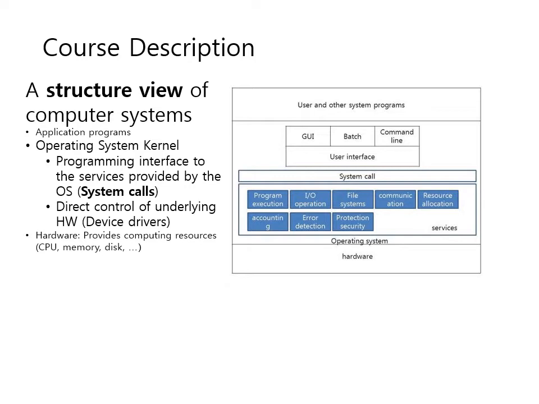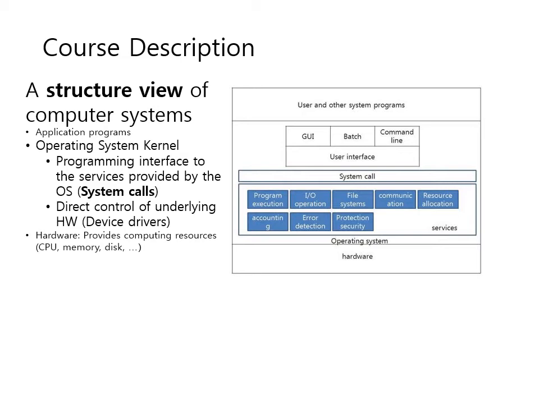To request services from the kernel, a higher layer program must use a program interface called system calls. The kernel controls underlying hardware to serve the received request.